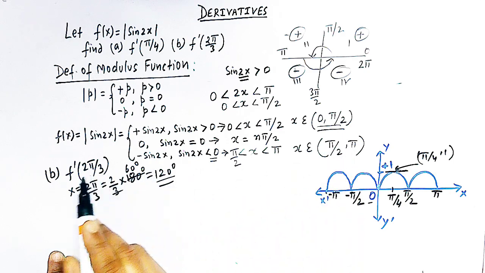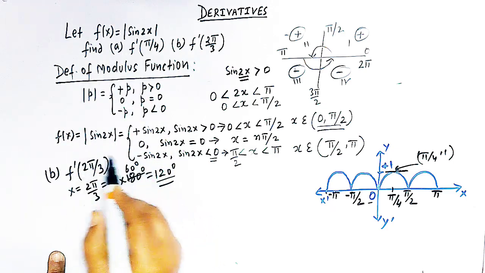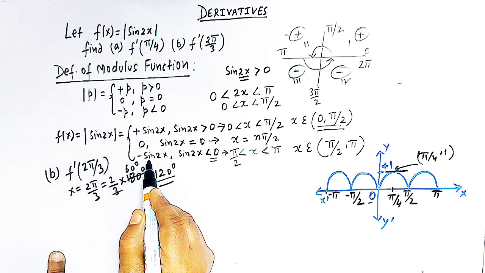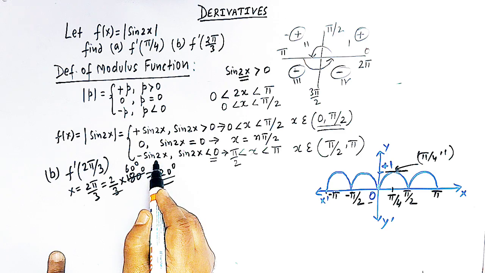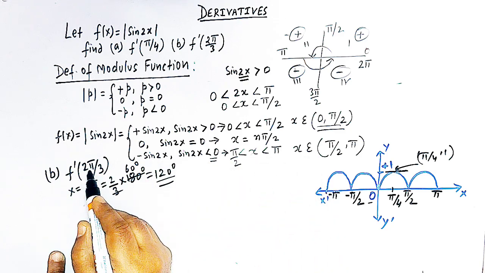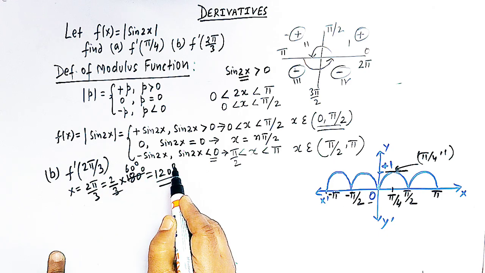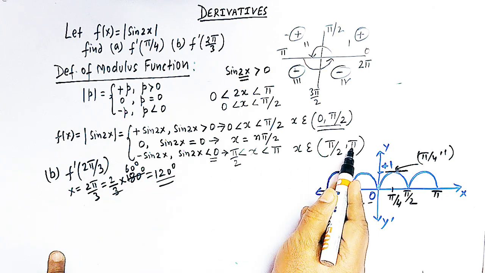So now to get the derivative of this function, we have to consider f of x equal to negative of sine 2x, right? This is an important concept here, because x equal to 2 pi by 3 is 120 degrees, and it lies in this interval.